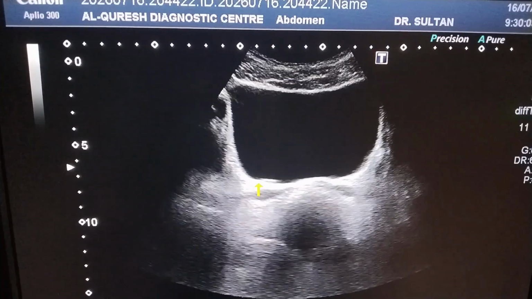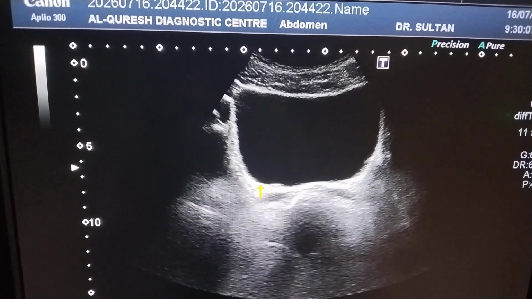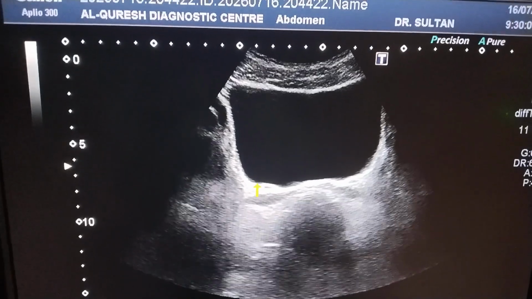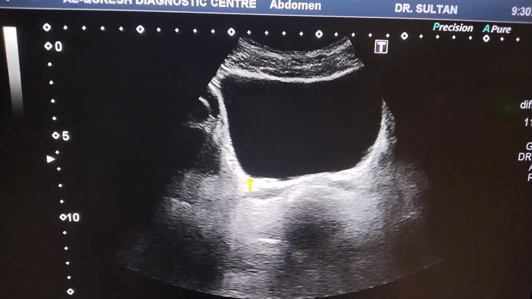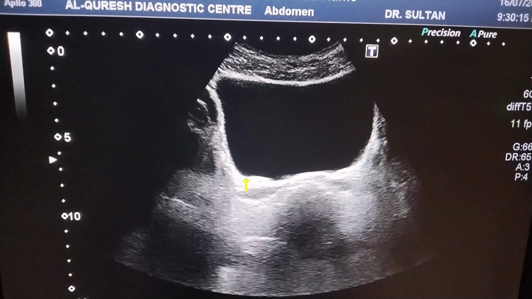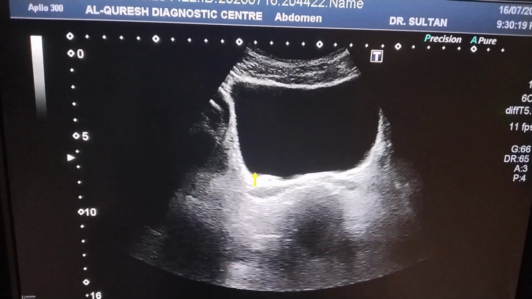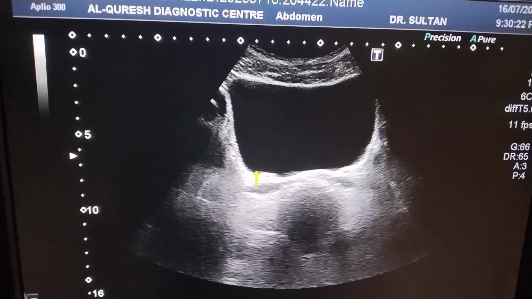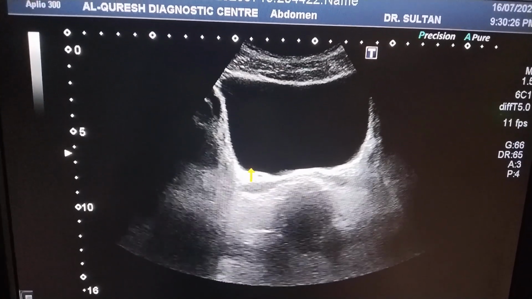So this was the anatomy of the urinary bladder: how we can trace the anterior wall, posterior wall, base, trigone area, neck, dome, and apex. All these we have discussed. Now I am going to tell you how we can measure the volume of the urinary bladder.